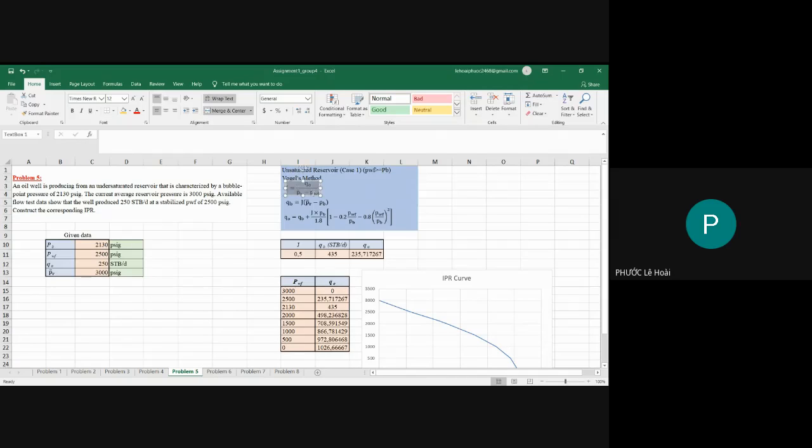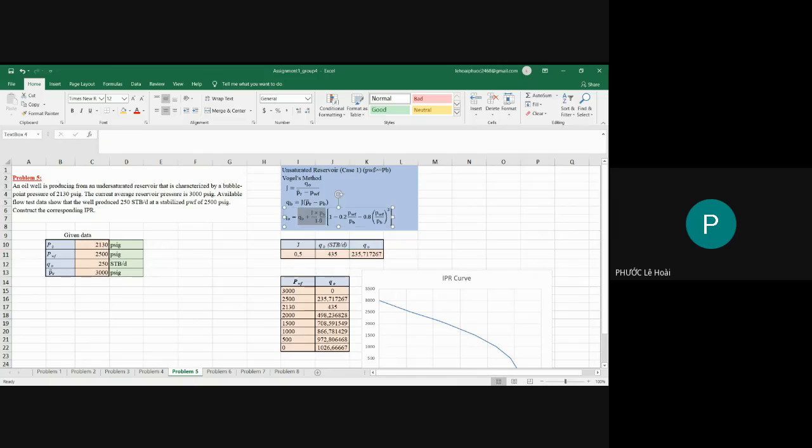We first calculate J from these numbers. J is equal to 0.5, and for QB here, we use J multiplied by the difference of PR bar and PB. This number is 435.